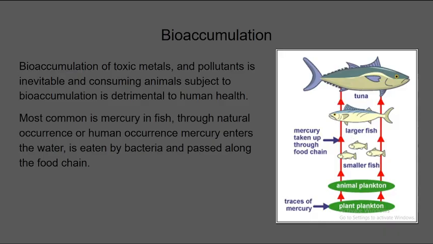Then larger fish will eat the smaller fish, once again transferring the mercury, and then larger fish, which humans consume, will later eat that. So all the mercury from the smallest level all the way up to the largest level will be consumed by the human, where it will be stored.